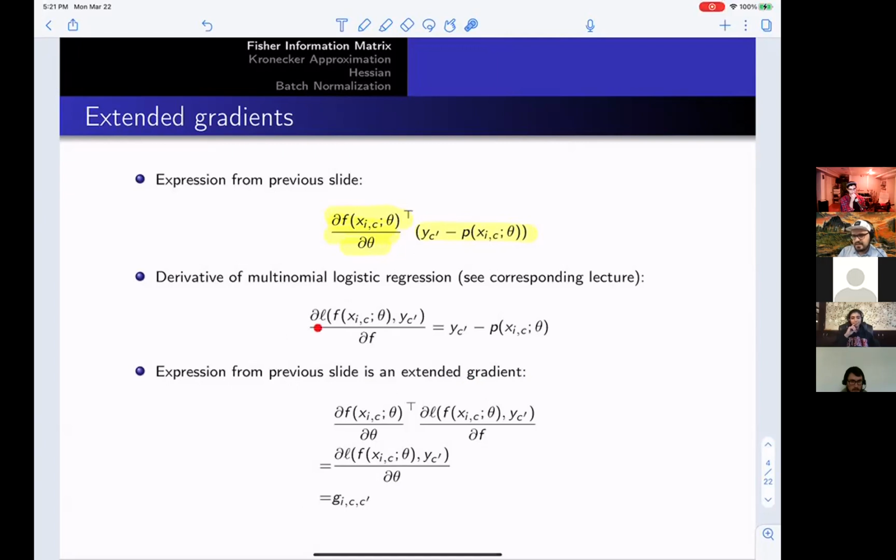Notice that this is just the derivative of the cross entropy loss with respect to the logits of the network, right? Where have you seen the derivative of the cross entropy loss?